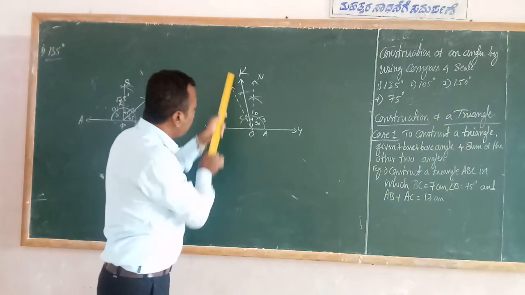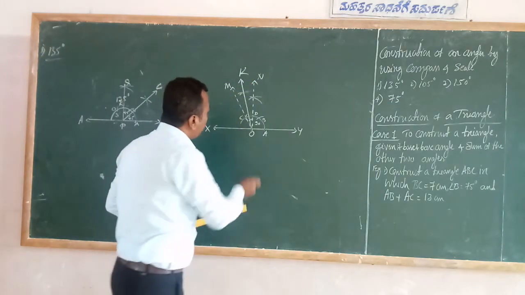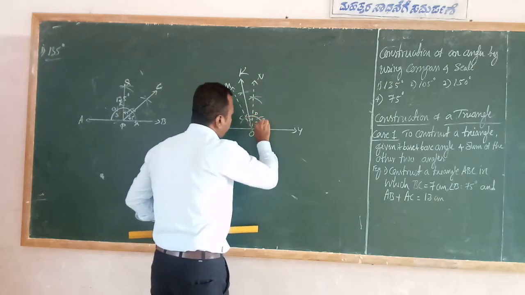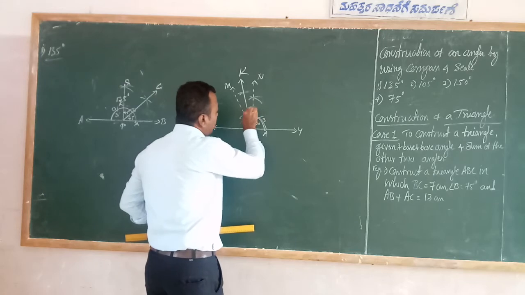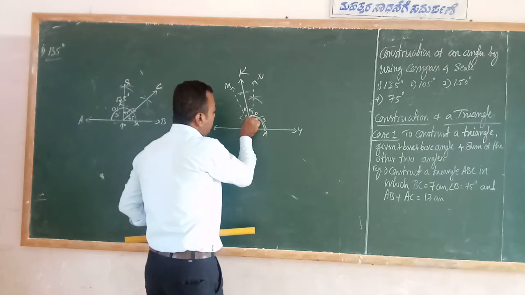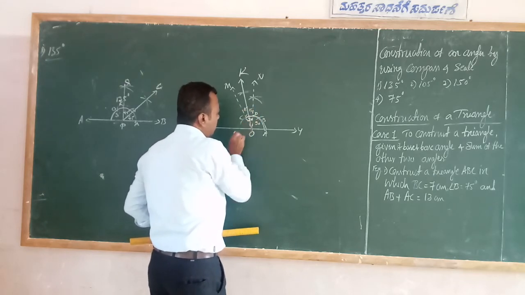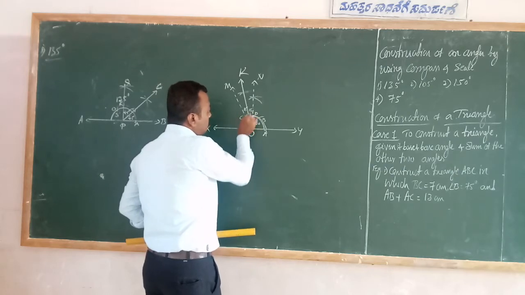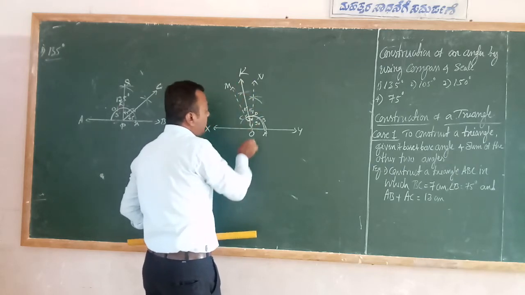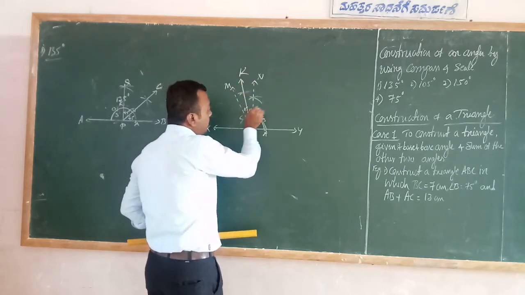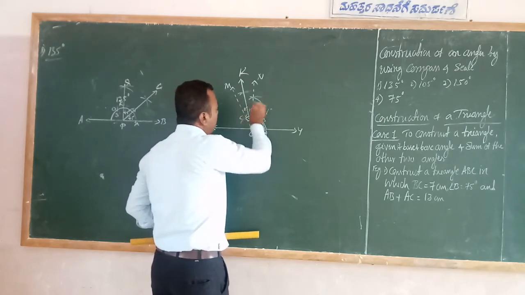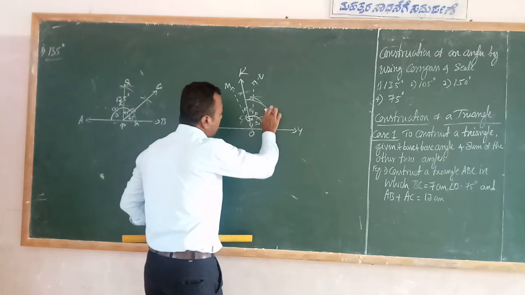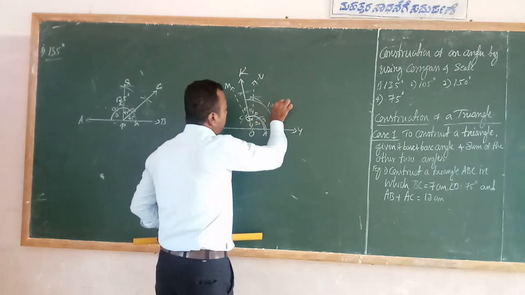See, how much degree is KOY? 105 degree, because this is 90 and this is 15. This is also 15, so this is 30. Is it right? This angle is 30. If I bisect the 30, each angle becomes 15 degree. 90 plus 15, how much degree? 105 degree.